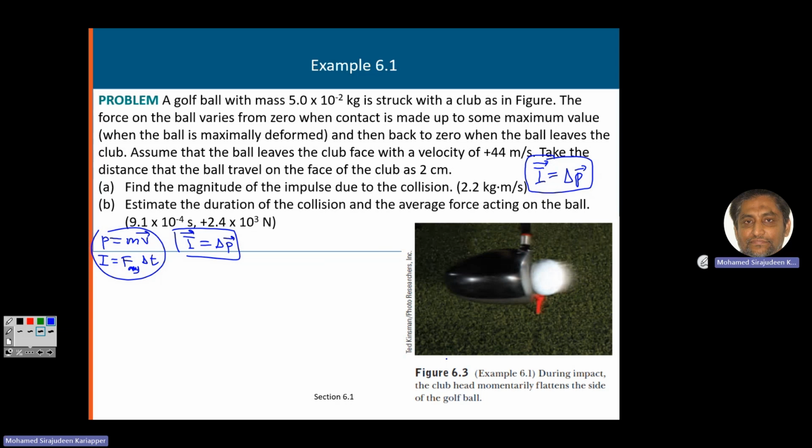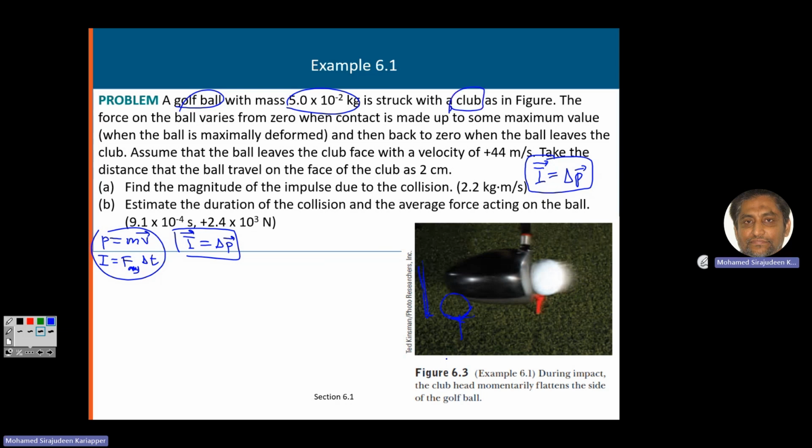The question is, we have a golf ball, very small, light mass, about 50 grams, so 5.0 × 10^-2 kilogram, because 50 gram is the mass but the SI unit is kilogram, and it is struck with a club. Initially the ball is at rest, you know how it is played, right? Someone comes, uses the club, and hits the ball.